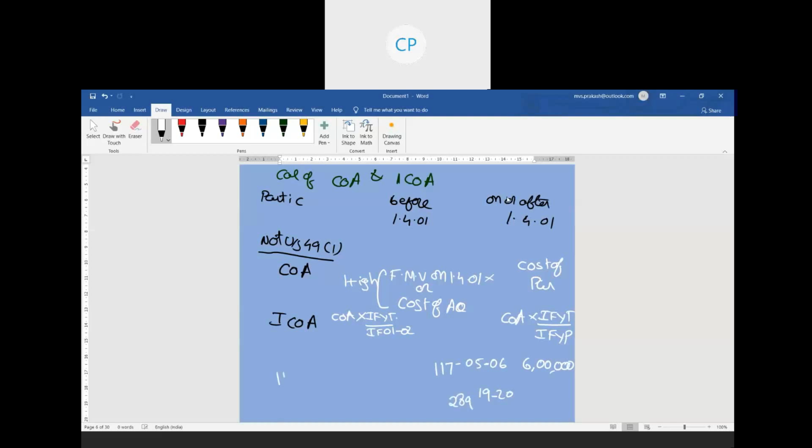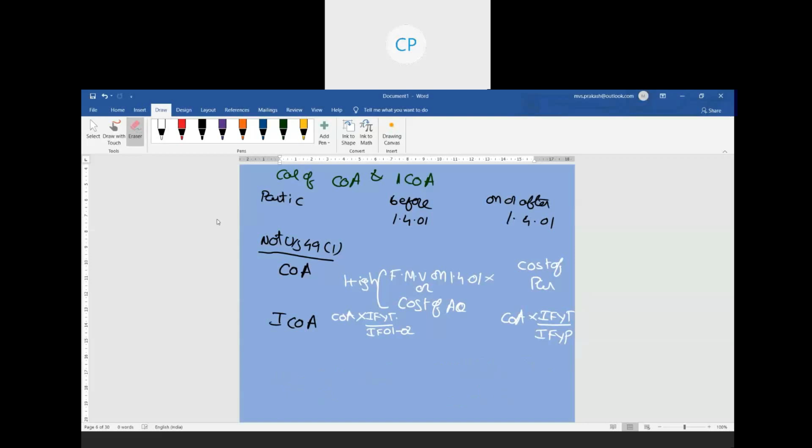So when the index value was 117, you purchased the asset for 6 lakhs. When the index value is 289, what is the cost? We simply cross multiply: 6 lakhs into 289 divided by 117. That gives you the indexed cost of acquisition. That is the basis of calculation where you are purchasing the asset not under section 49 subsection 1.